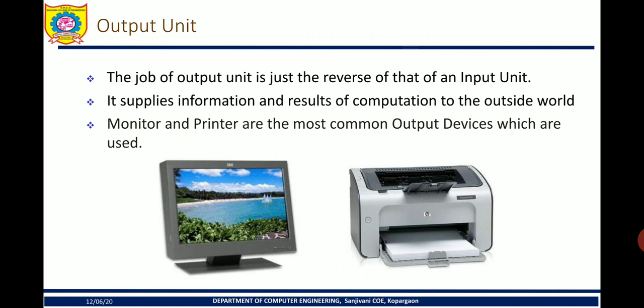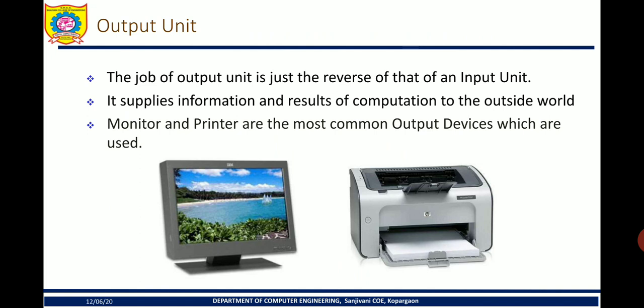What input does is give data, instruction or command to a system, and what output does is either take something from input and directly display it as an output, or take processed data from a processing unit to the display, or printouts. So it supplies information and results of a computation to the outside world. Means whatever has been done is shown. Examples of output devices are printers and monitors.